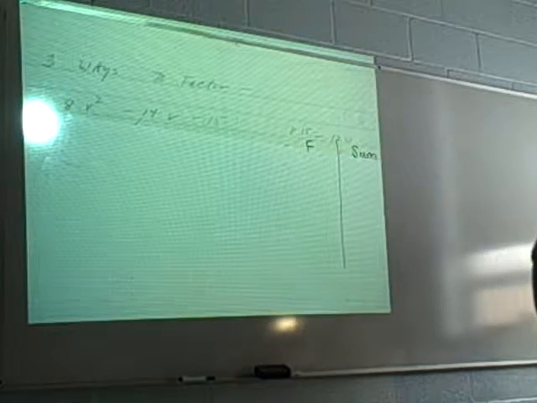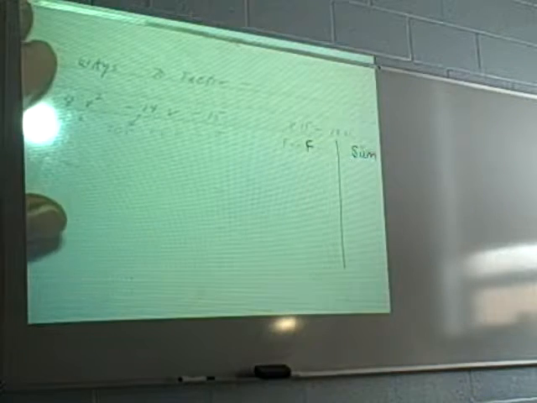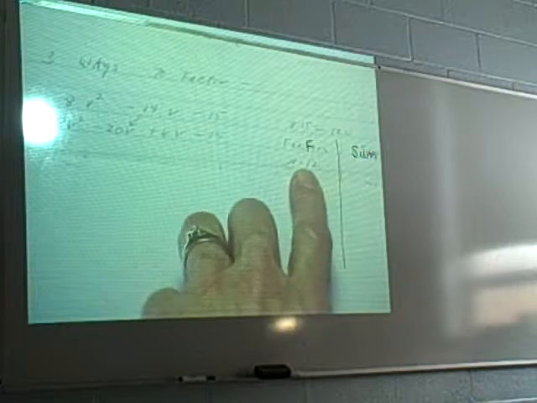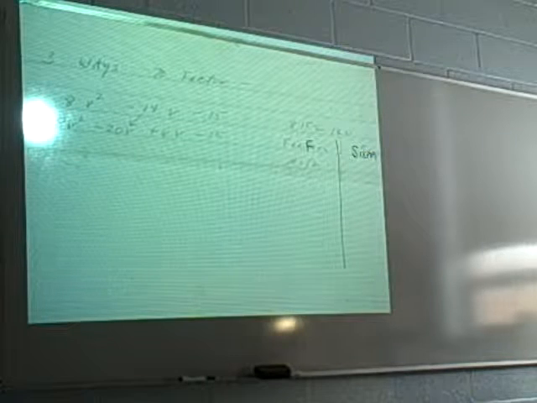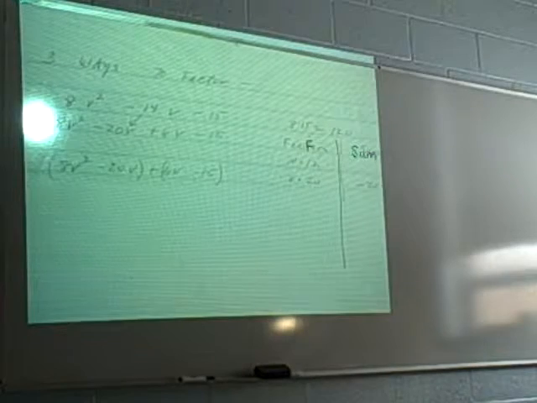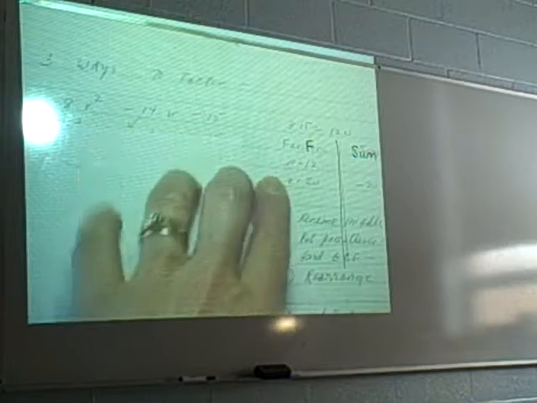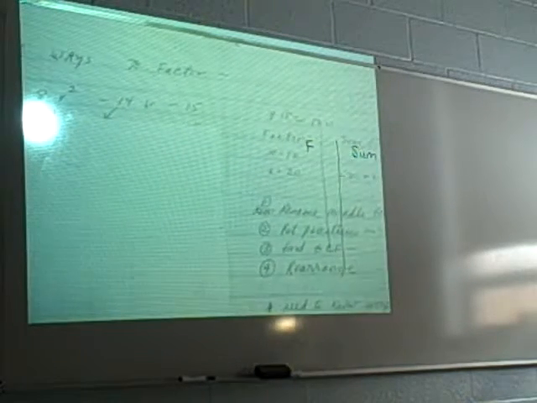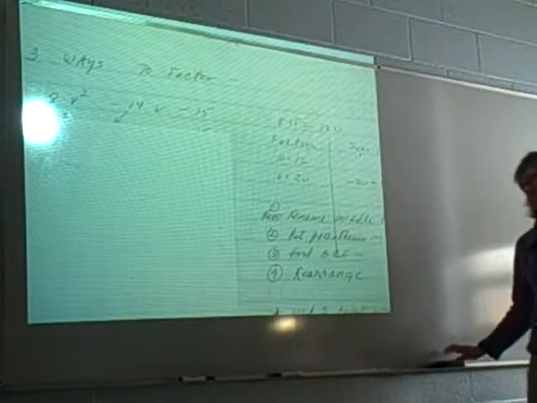I need to find the factors that, when multiplied, will give me 120, but when combined, will give me what? Negative 14. So I have 10 and 12, I have 6 and 20, and which terms will make sense? The 6 and the 20. Okay. So I have my 6 and my 20.